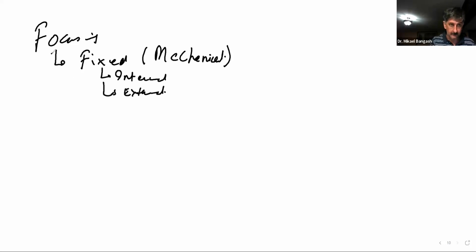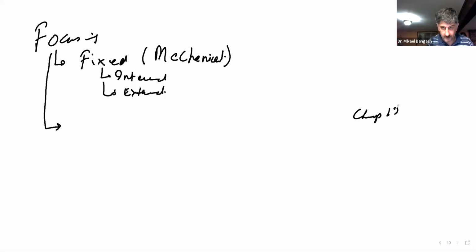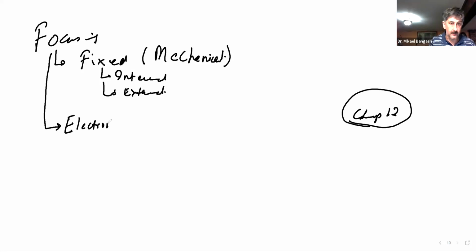Then, ladies, we can maybe say the actual details of this we will talk about in chapter 12. But we actually have, as a kind of focusing, what we can call electronic focusing.